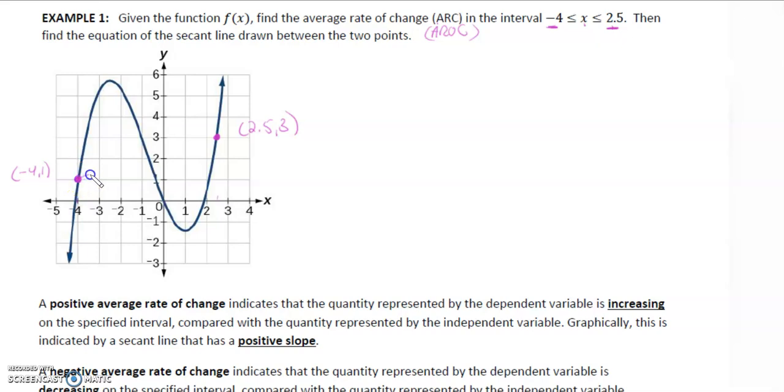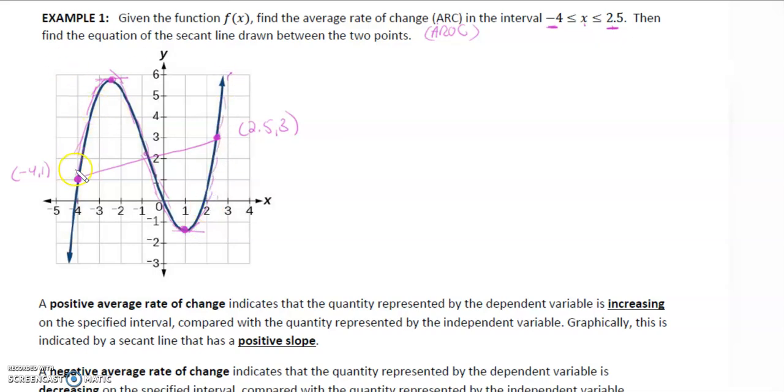When we draw a secant line, we draw a line between these 2 points. As you can see, the slope is decreasing all the way up to a maximum, then it continues to decrease, and then at this inflection point we start to increase, all the way down to the minimum, and then we continuously increase.